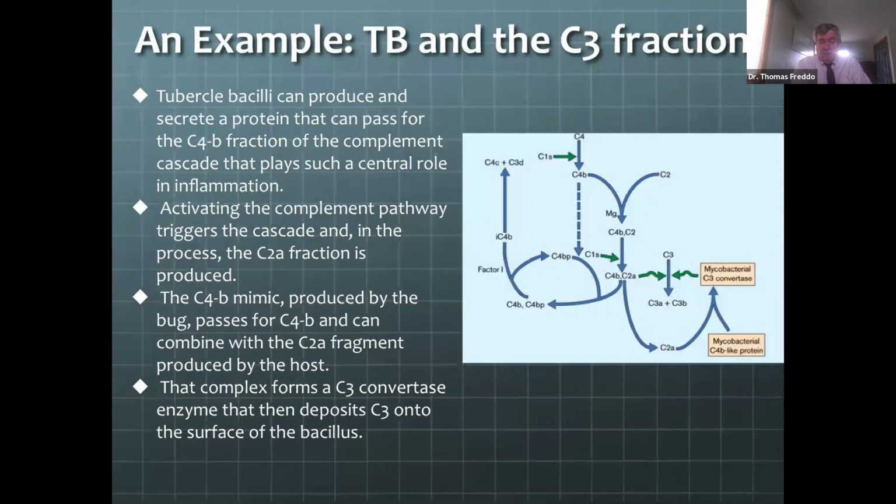The complex that forms is a C3 convertase enzyme that then basically deposits C3, which is an opsonin, onto the surface of the bacillus.